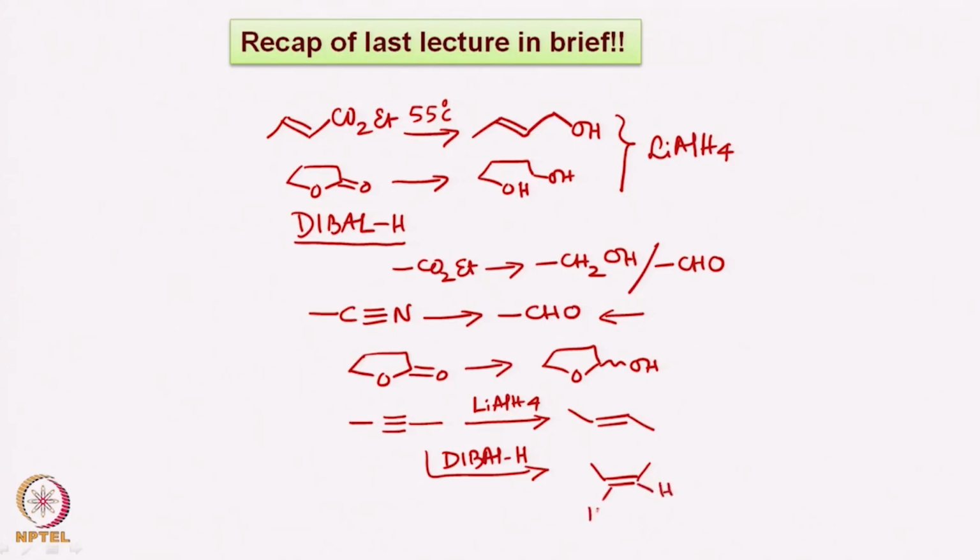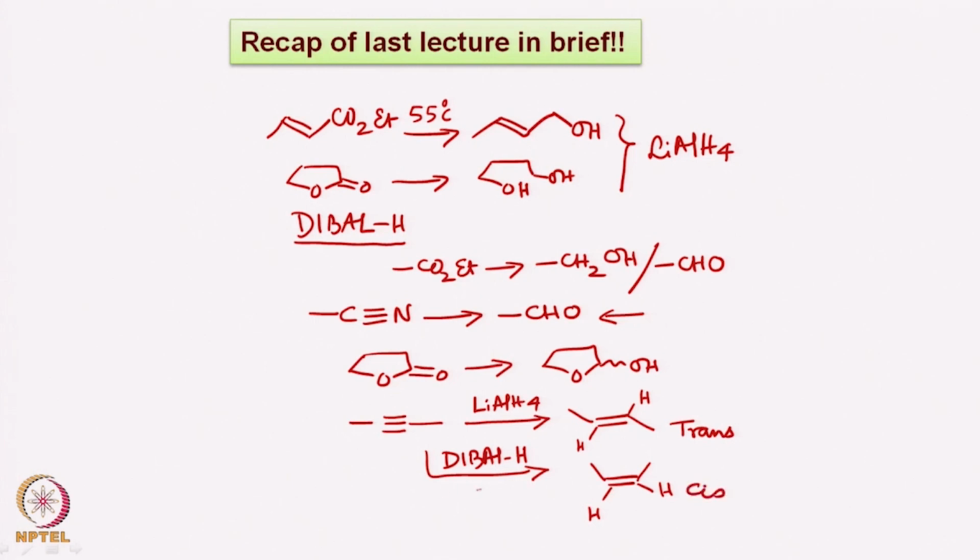So this is how we ended in the last class. Now I would like to tell you why is it that in the case of lithium aluminum hydride we get trans olefin, and in the case of DIBAL we get cis olefin.